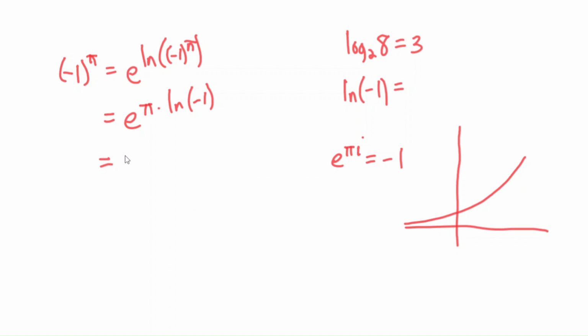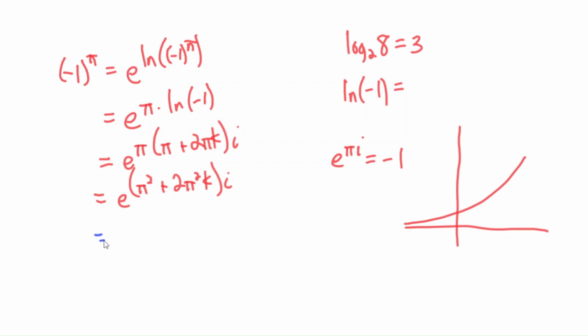Okay, so if we write this out, we get e to the pi times natural log of -1. The natural log of -1 we found was pi plus 2 pi k times i. And if we distribute the pi, we're going to get e to the pi squared plus 2 pi squared k times i. And notice this is of the form e to the i theta, where this is our theta.